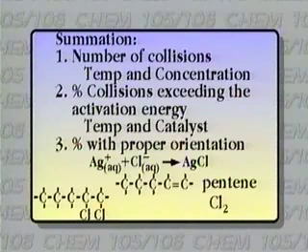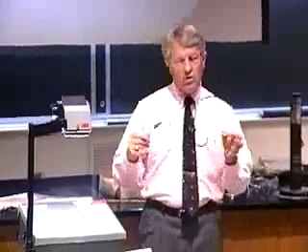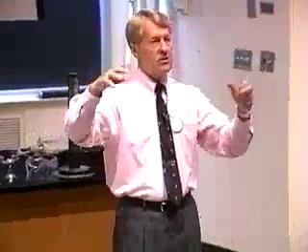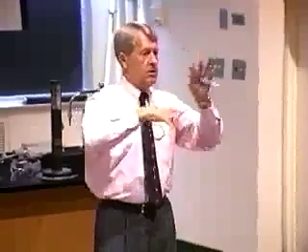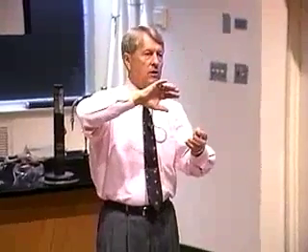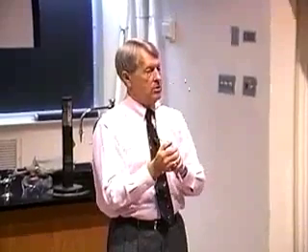So for simple reactions, orientation is not a major concern. For more complex molecules, orientation becomes a major concern. And one of the things that catalysts do is they help tie a molecule down. In other words, molecules in a gaseous state or even a liquid state are randomly moving around. They're tumbling, rolling, turning, and so at any instant only a certain number are oriented in one direction.